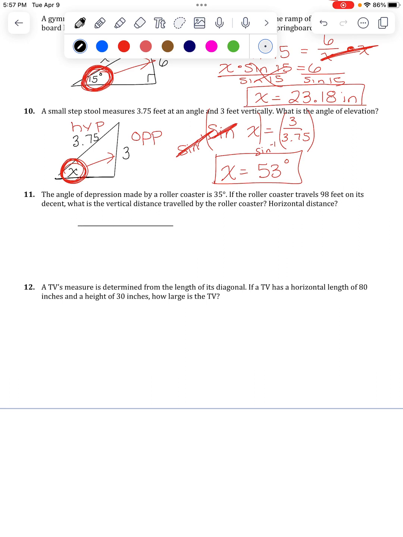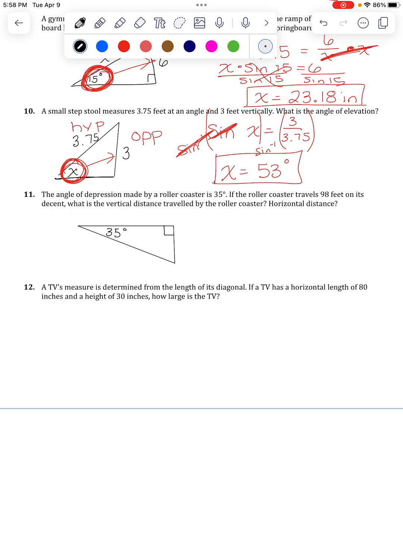An angle of depression made with a roller coaster. Angles of depression go horizontal, downwards. Angle of depressions go up here.